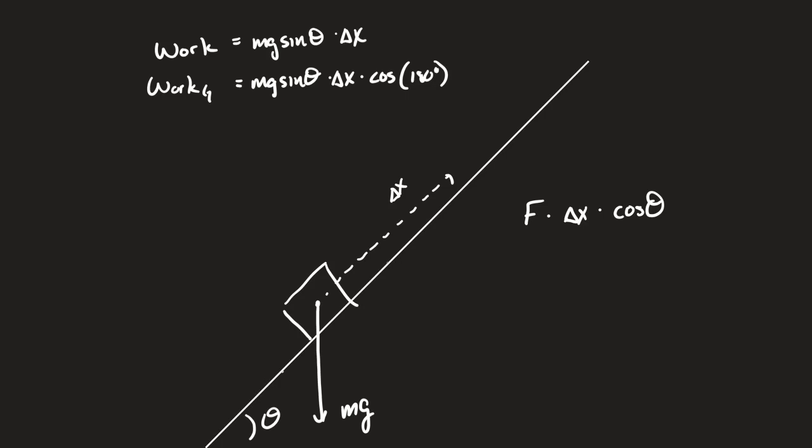If I want to calculate the work without breaking into components, which I'm allowed to do, it would be mg times delta x times the cosine of, what is this angle? It's not theta. Do we know what that angle is?